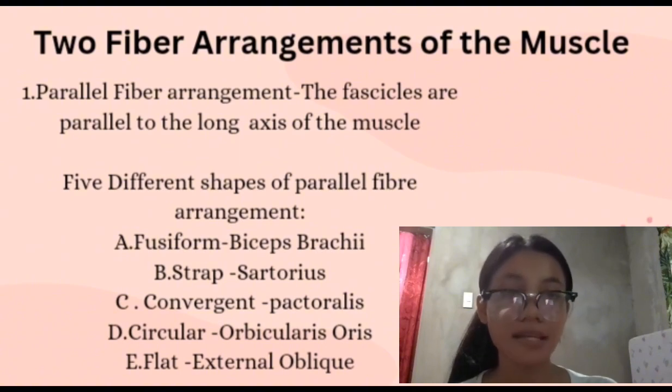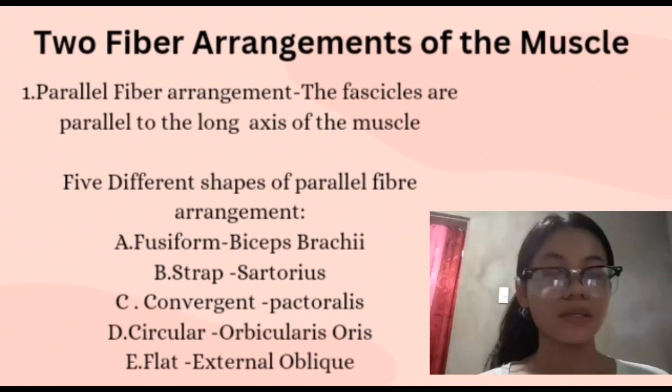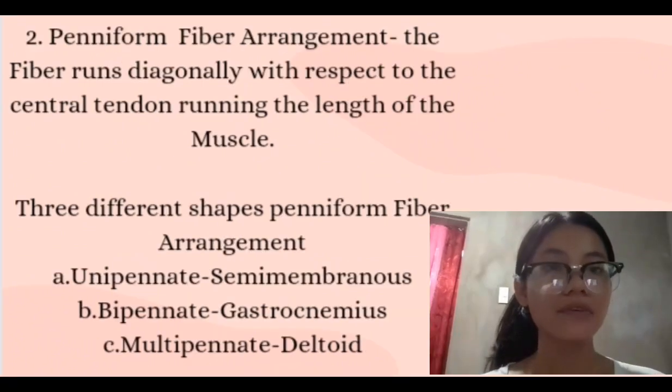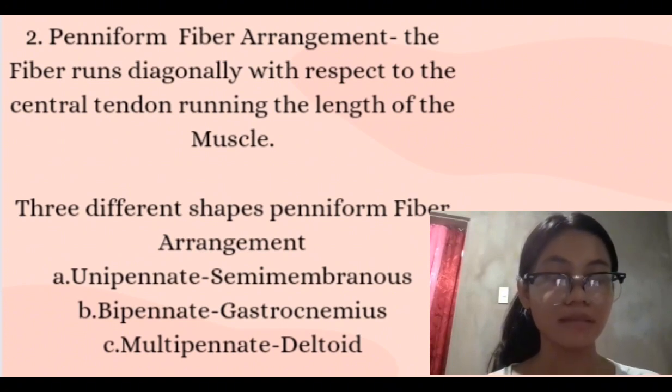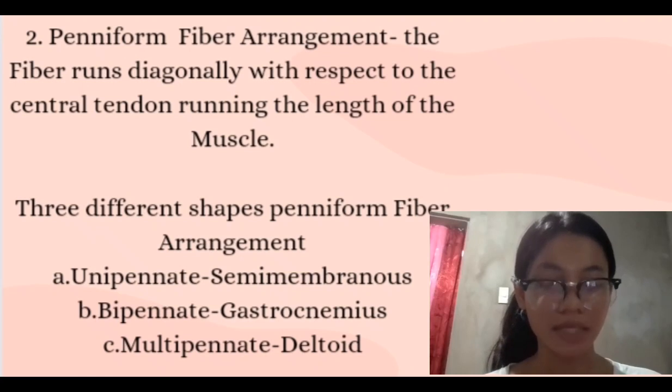And we have the second fiber arrangement, which is the pennate fiber arrangement. So, it is the unipennate muscles where muscle fibers are oriented in a single direction. We also have 3 different shapes of pennate fiber arrangement. First is the unipennate. Second is the bipennate.